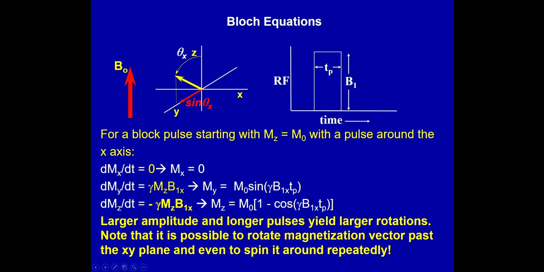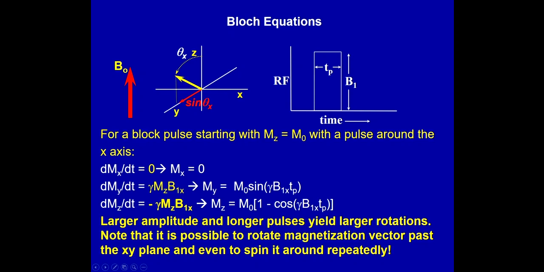So if we decide we're going to rotate about the x-axis, and we're starting with no magnetization along X, we're taking Z magnetization and rotating it through an angle theta.